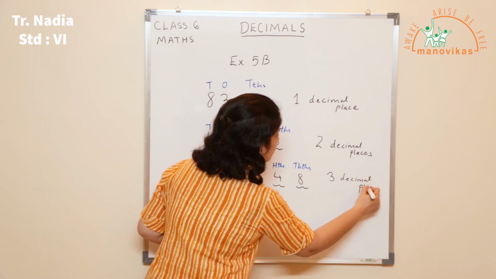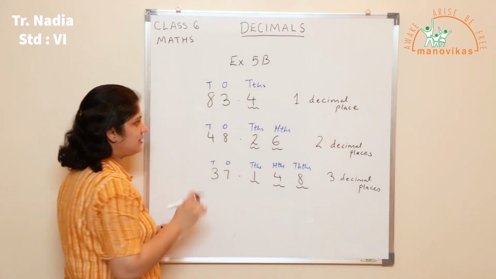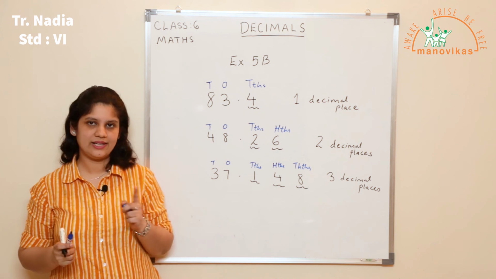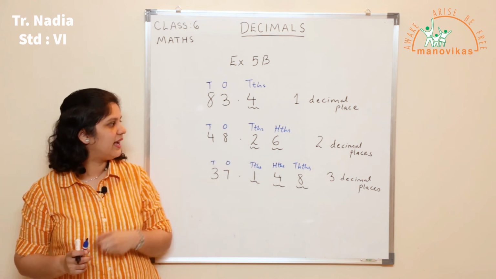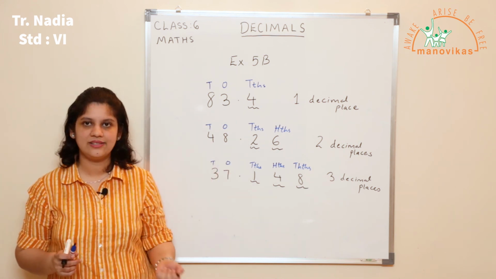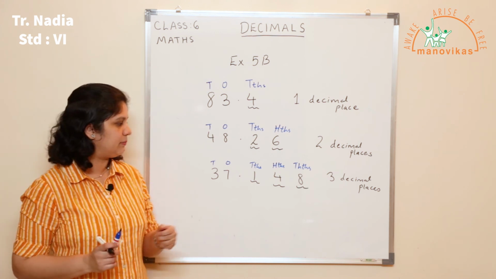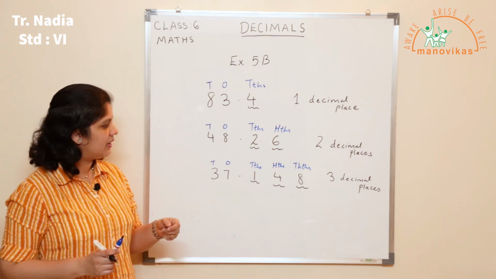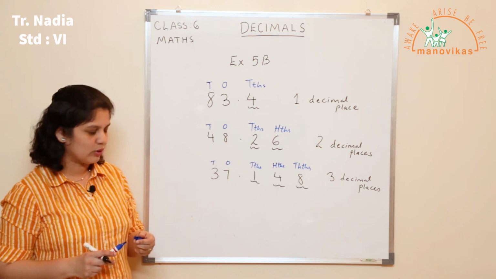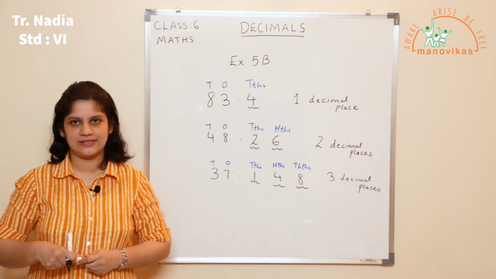So the first number had only the tenths and thus it has 1 decimal place. The second number had tenths as well as hundredths, so there are 2 decimal places. And the third number had tenths, hundredths and thousandths, so there are 3 decimal places.